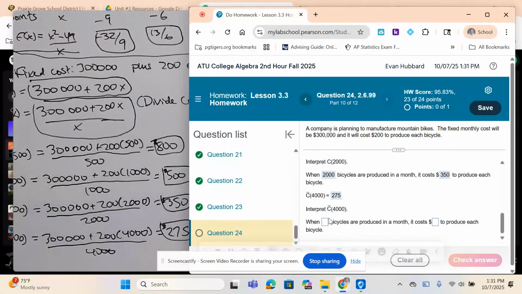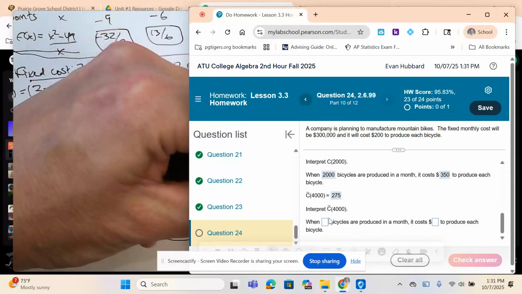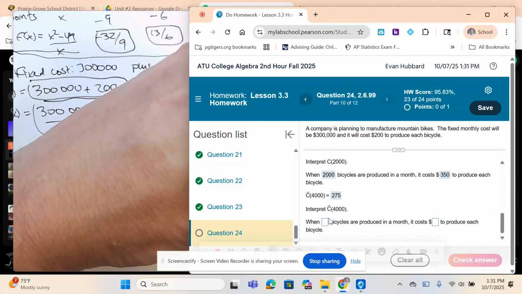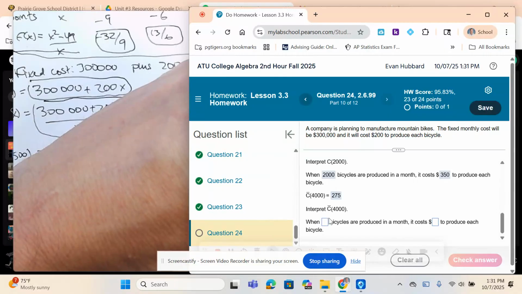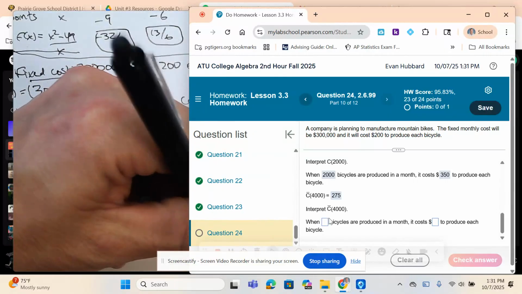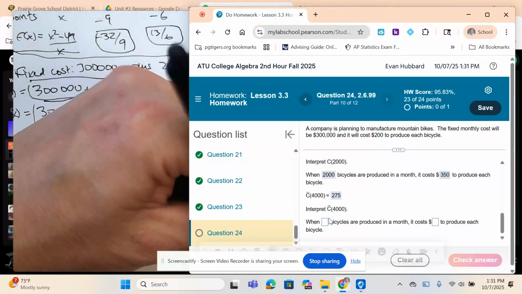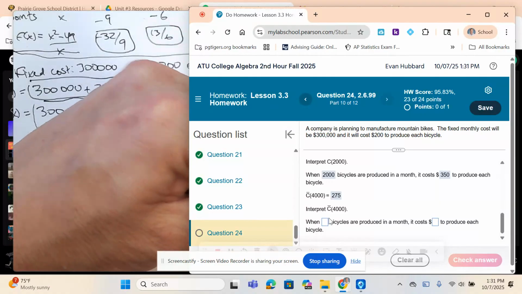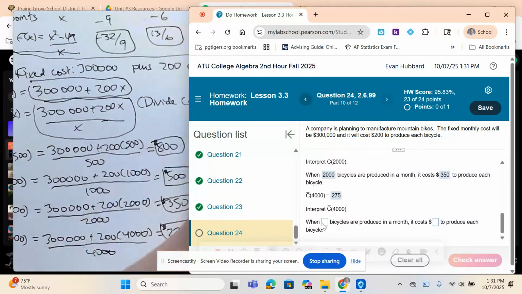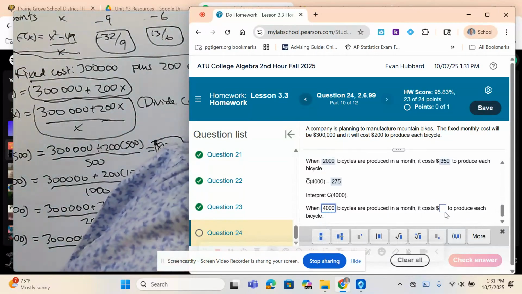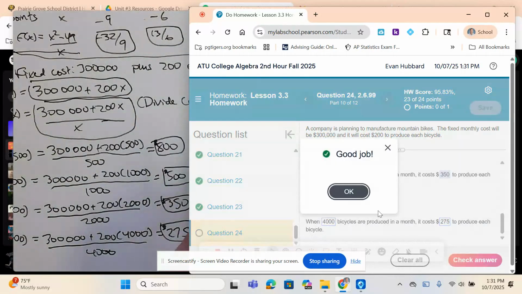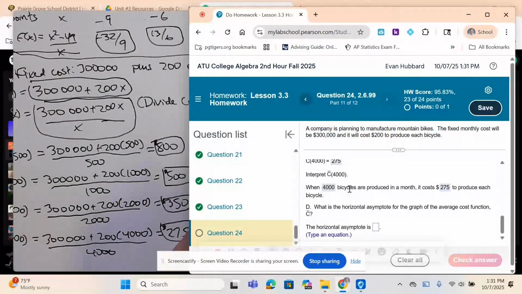So when 4,000 bicycles are produced in a month, it costs $275 to produce each bicycle. Okay.